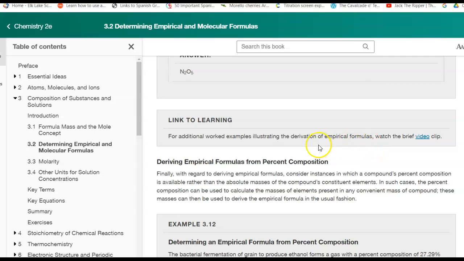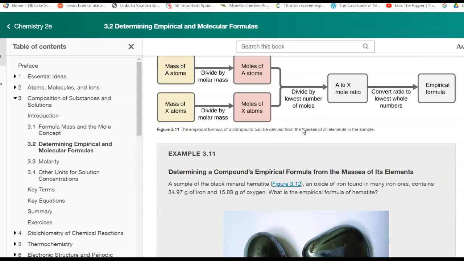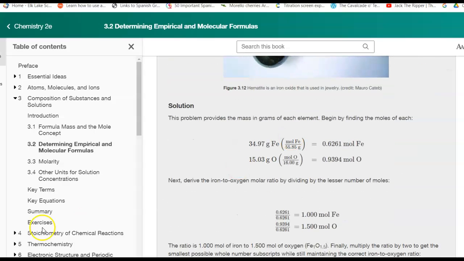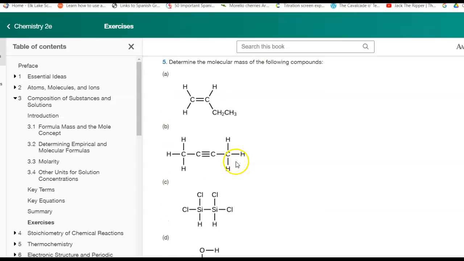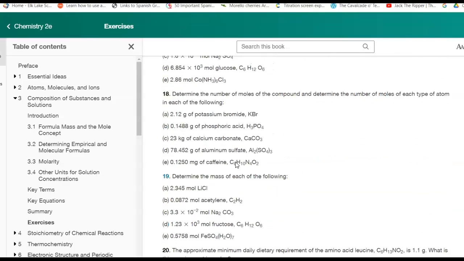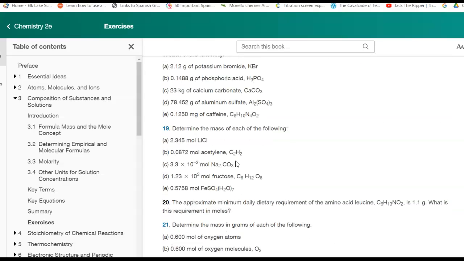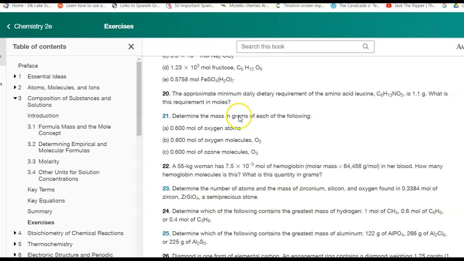This also talks about empirical formulas. That's going to be for tomorrow. Today, I just want you to focus on percent composition. So I'm looking at the problems in the back here. We were supposed to work through 1 through 20. For homework, why don't you go ahead and do a couple more, like 21 and 23. The answers to the odd problems are given.